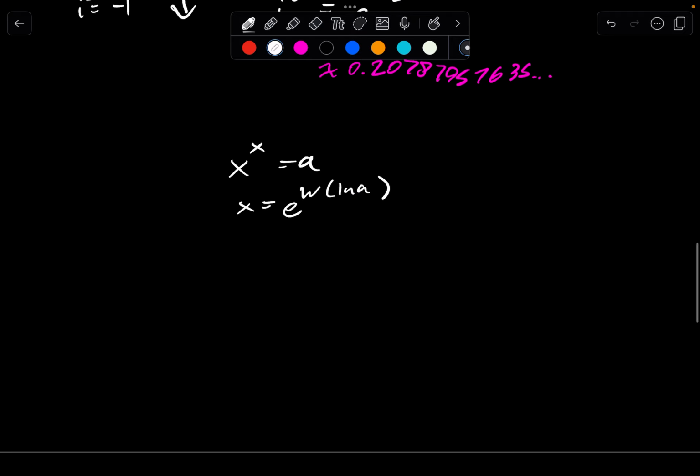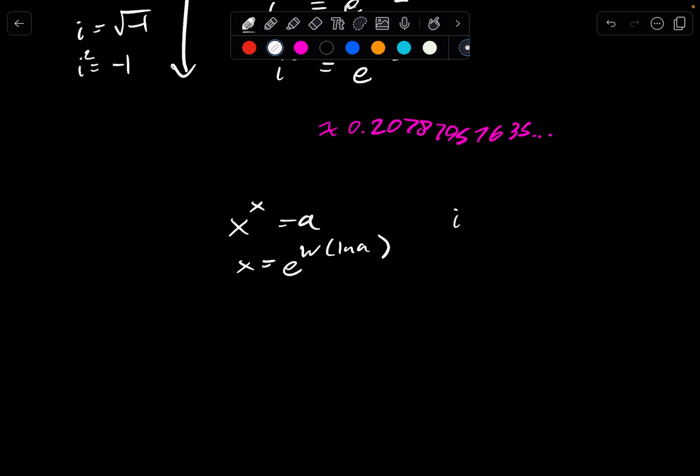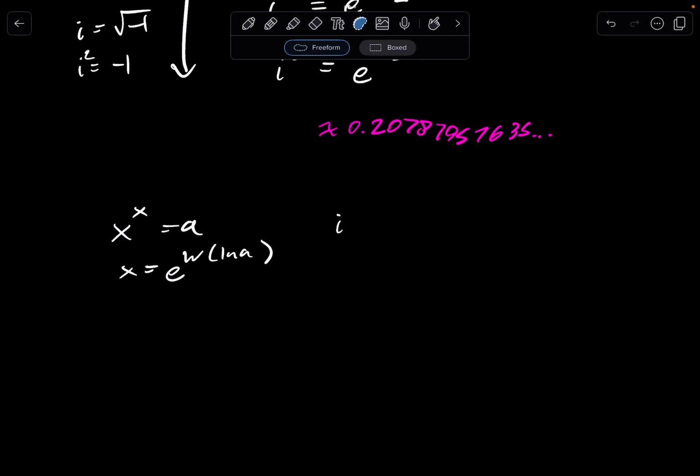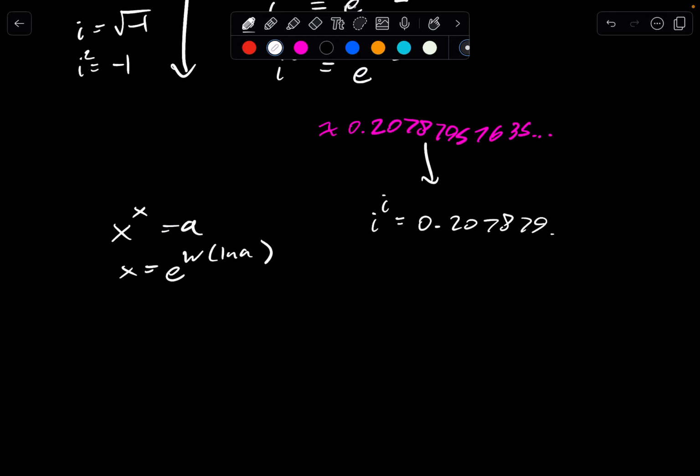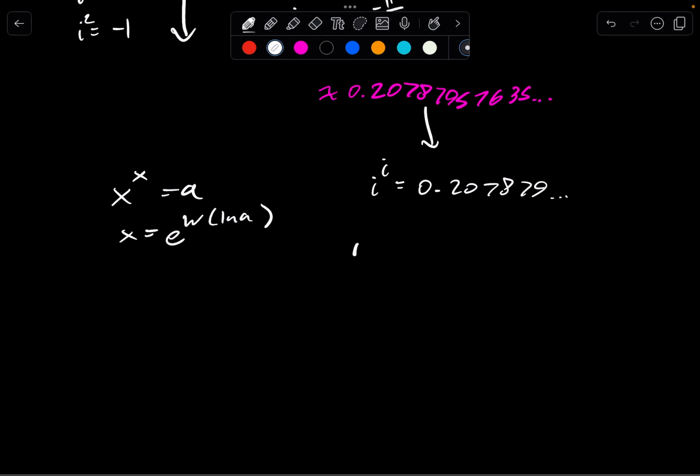So if we replace x with i in this case, we know that i to the i is indeed this number, 0.207879... like that. We know that much, so let's try to solve for i using our new function.